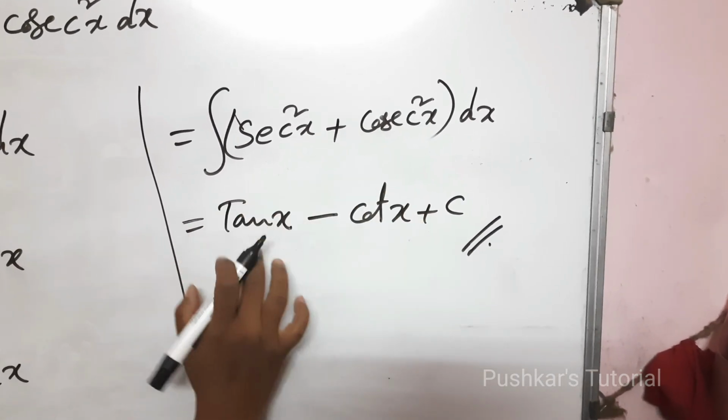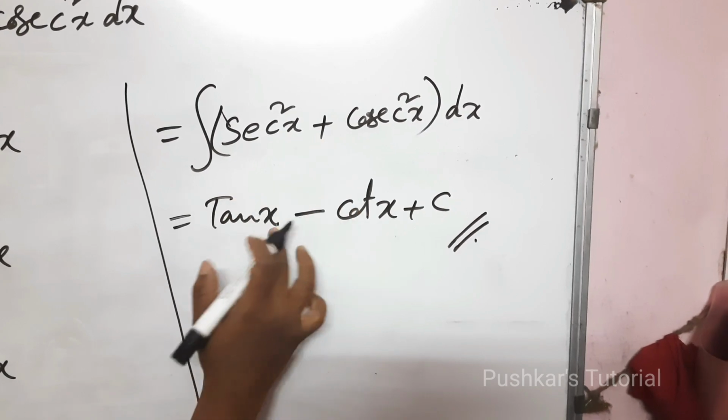Those are separated, so we can apply the formula. If multiplication is in between, we can't apply the formula.